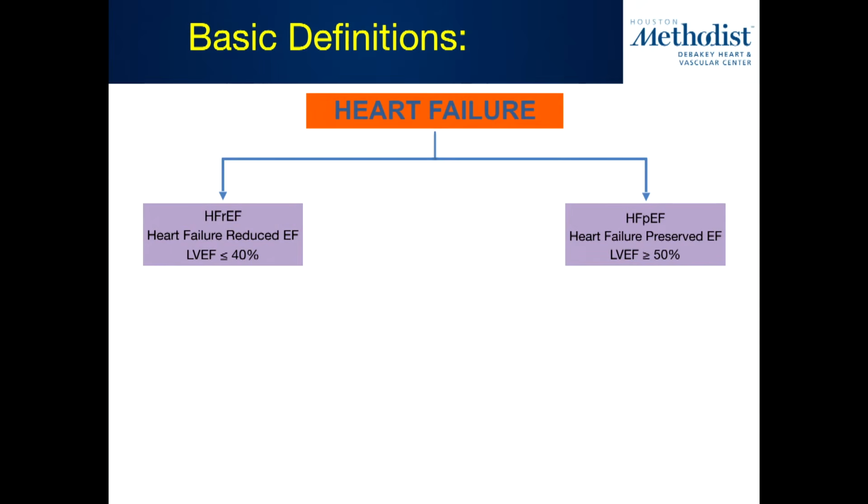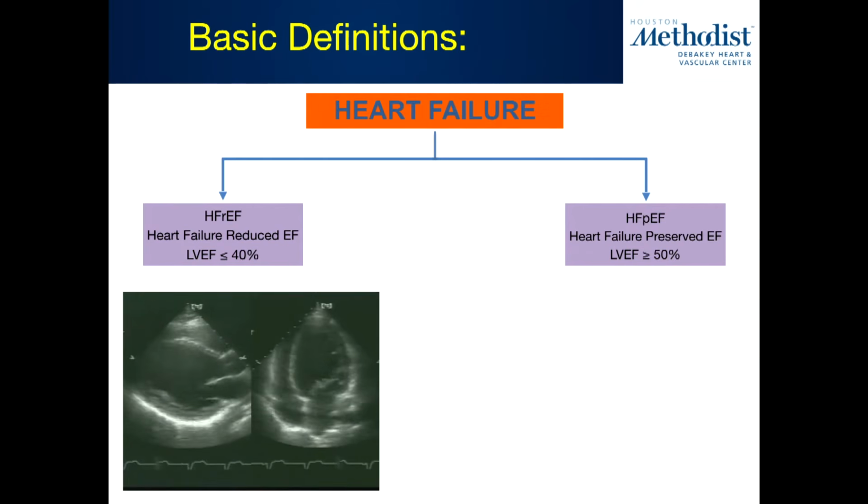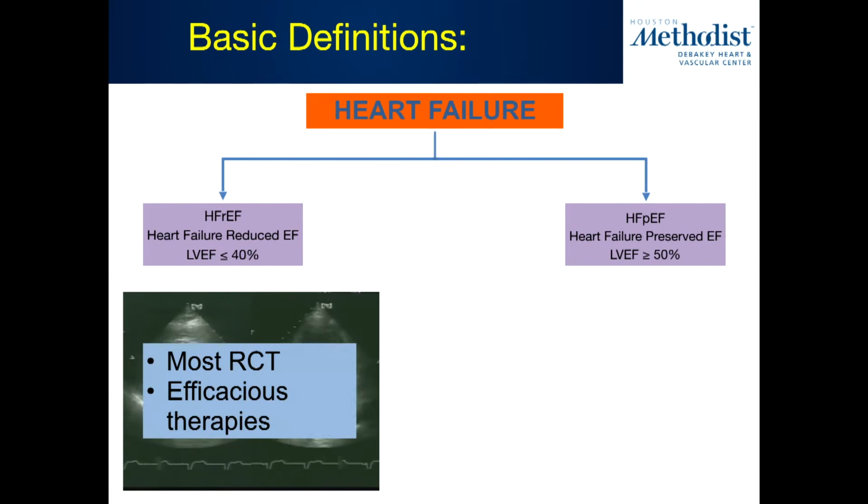Obviously, one of the key things that we want to know is ejection fraction. And so, that has important implications from both a management standpoint as well as a prognostic standpoint. We know that most of the time what we're dealing with is heart failure with reduced ejection fraction, where the EF is less than 40%.